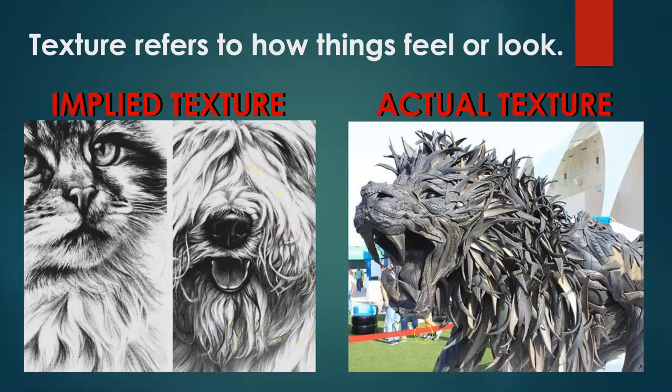And then the professional sculptor on the right has used recycled tires to create the actual texture of this larger-than-life, almost monumental sculpture of a beast with very sharp fangs or sharp teeth and sharp fur in this outdoor sculpture.